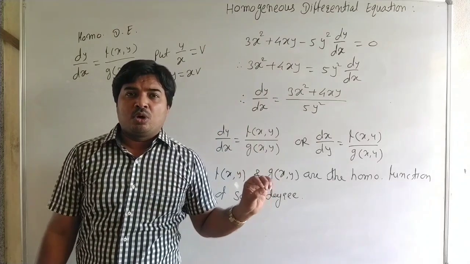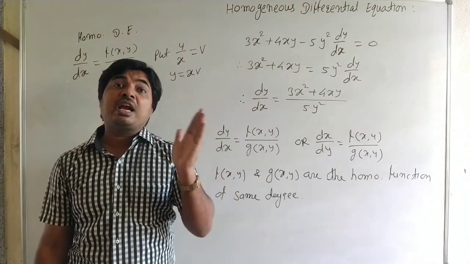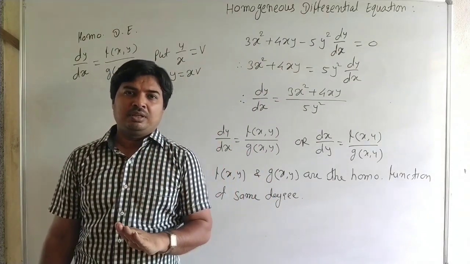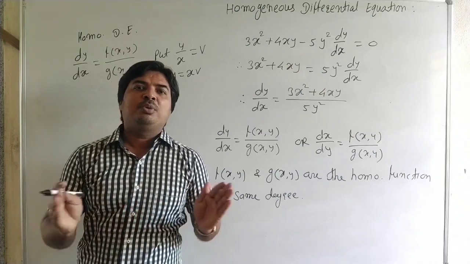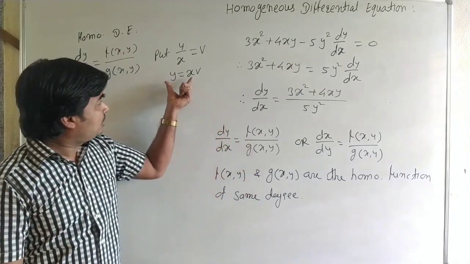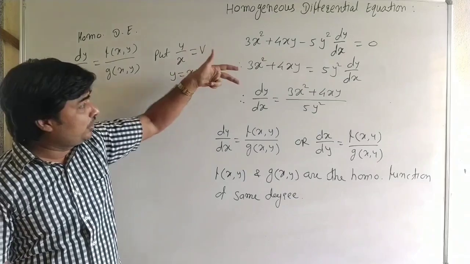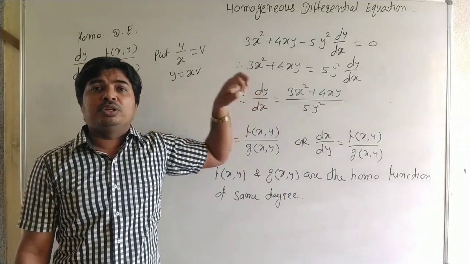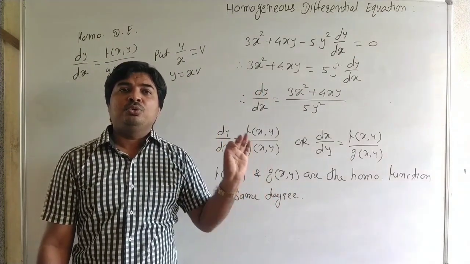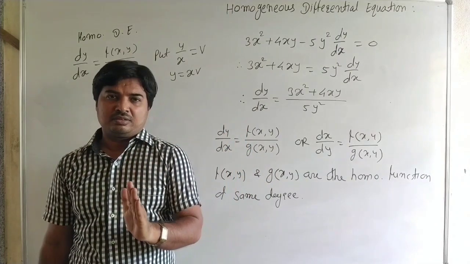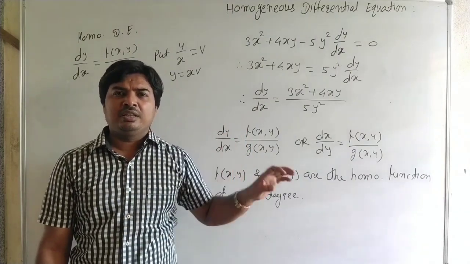Then our new variables are x and v. After substituting, we get the variable separable form in the variables v and x. We separate the variables, integrate and solve it.